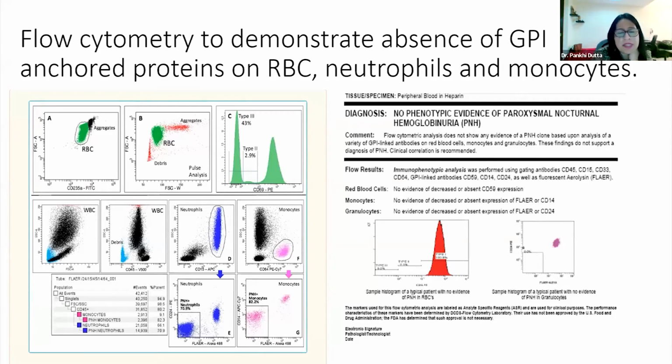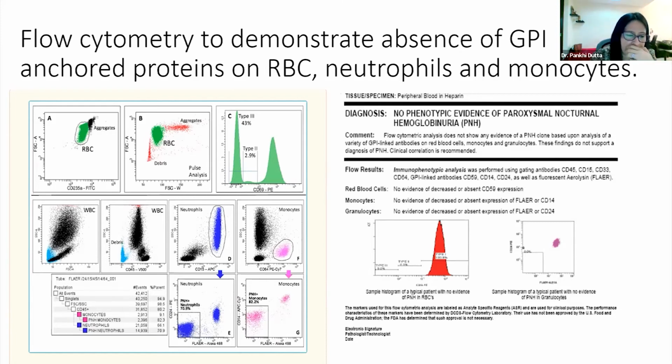So the basic principle is that flow cytometry is based on detection of antigens using antibodies against specific antigens expressed by certain cells. For neutrophils, the whole idea is to use two antibodies which will pick up the neutrophils, and then to look for specific GPI anchored proteins.